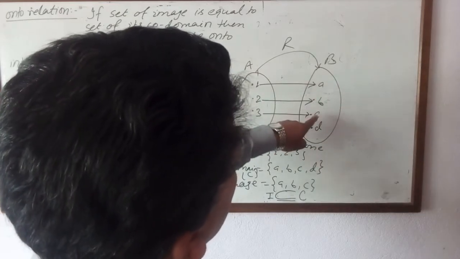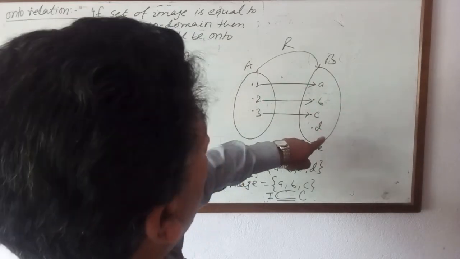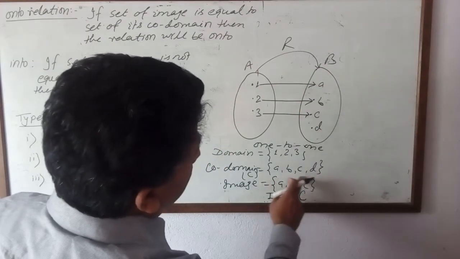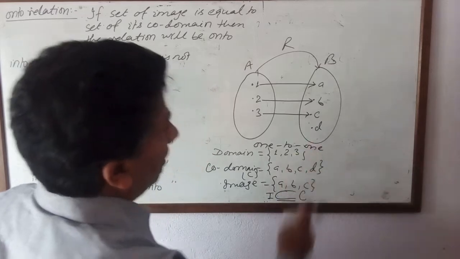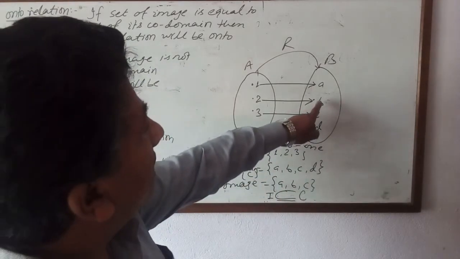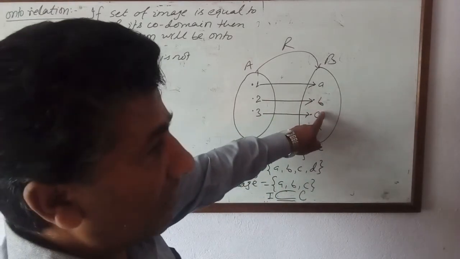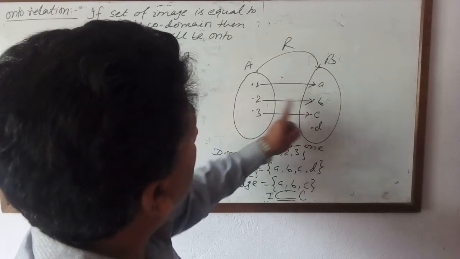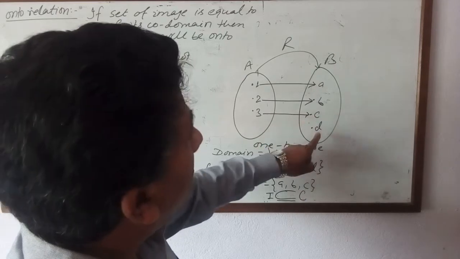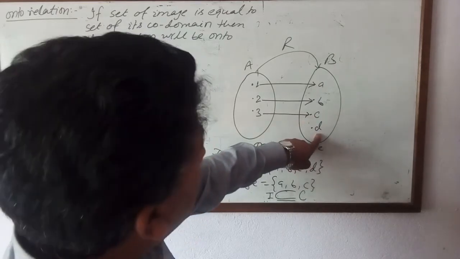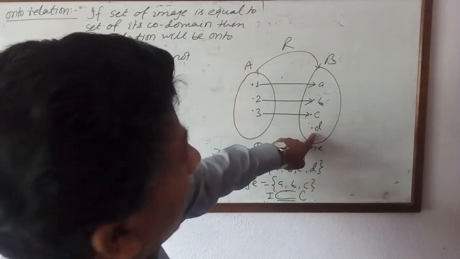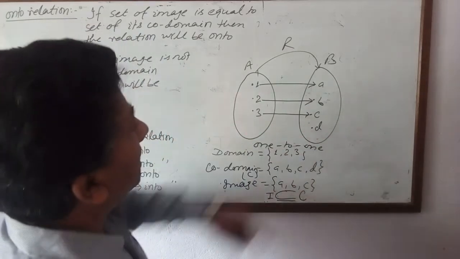In this codomain ABCD, A, B, C, D are all present, but only ABC are images. A is the image of 1, B is the image of 2, C is the image of 3. But this D doesn't have a pre-image.